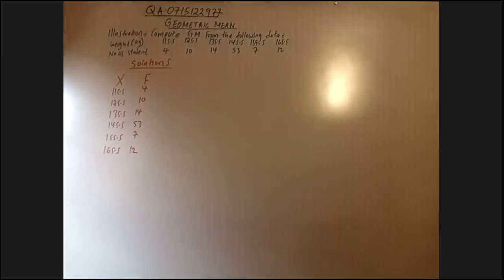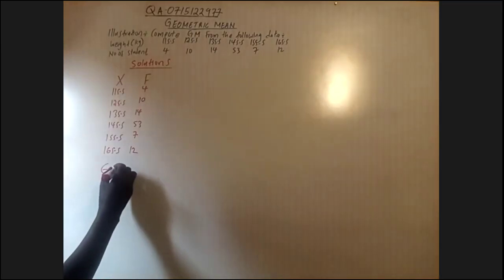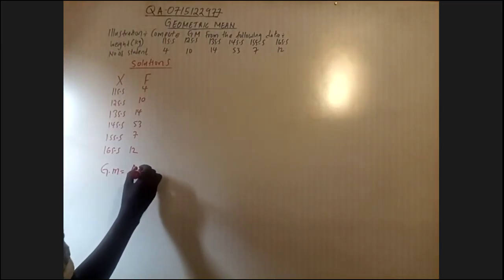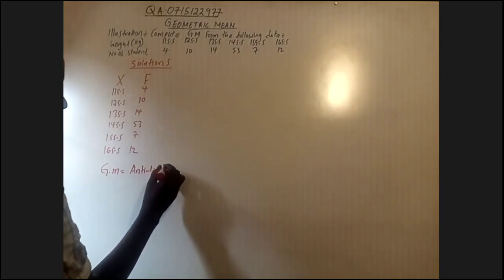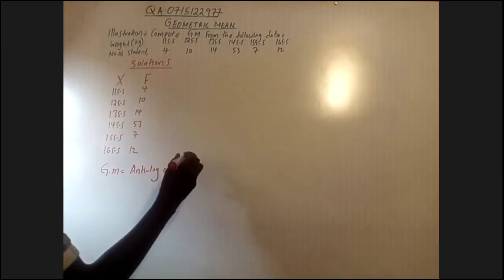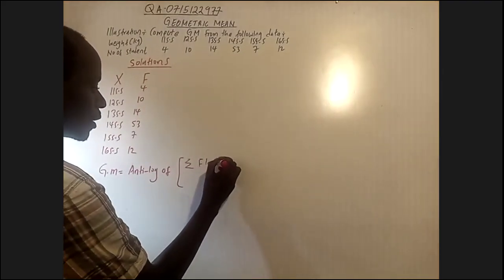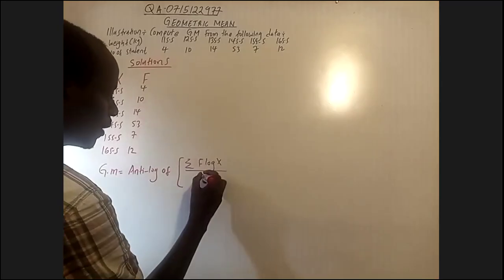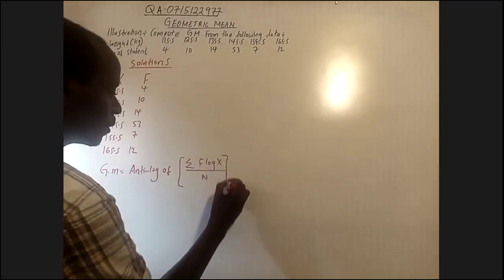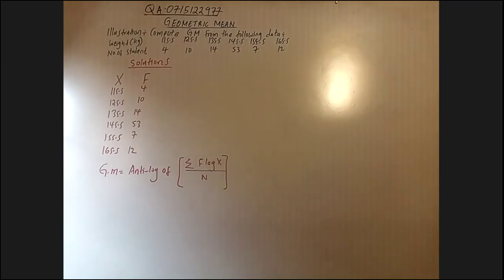Now, our formula for GM will be equal to the antilog of our summation of frequency log x over n.